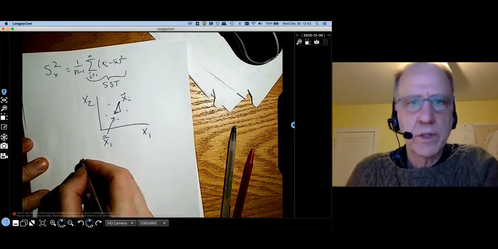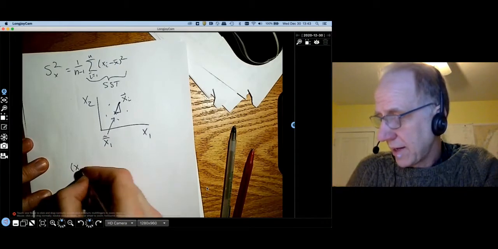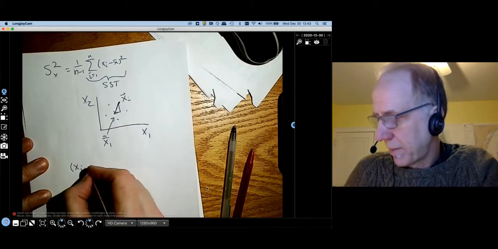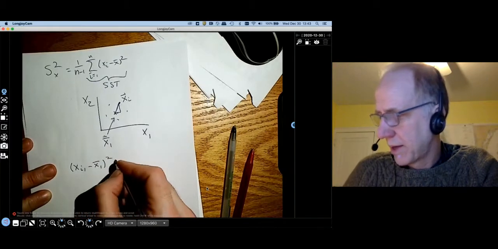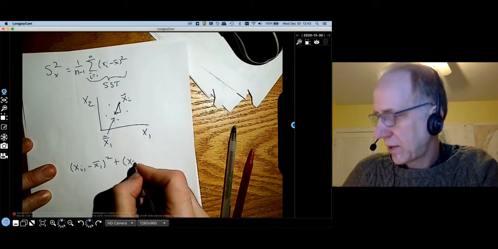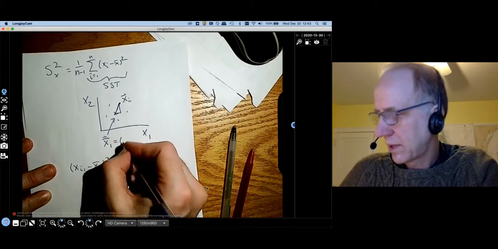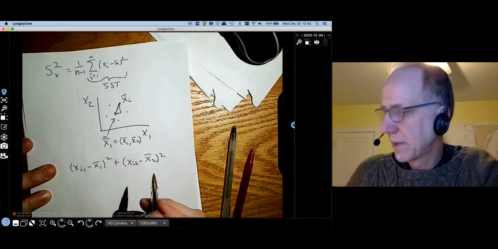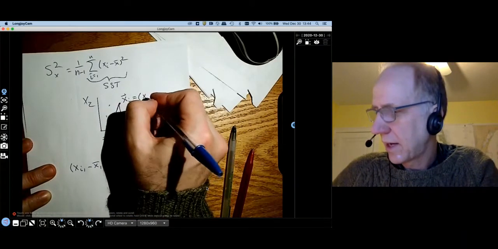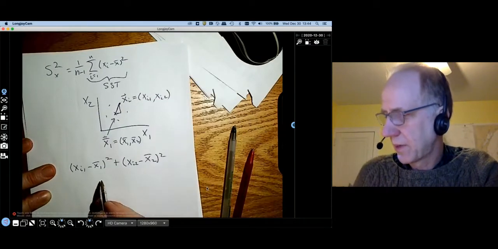So if you're not quite sure about that, let's just write out what we've done. We found x i1 minus x bar 1, that's the first component squared, plus x i2 minus x bar 2 squared, where this is x bar 1 comma x bar 2, not as a vector. This is x i1 comma x i2 as a vector.